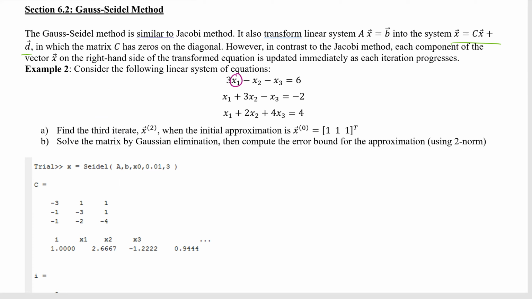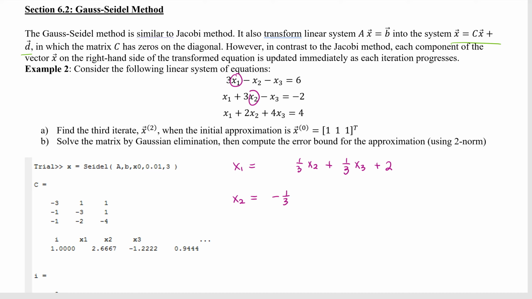Solve for x1 in equation 1. Then we have x1 equals minus 1/3 x2 minus 1/3 x3. Oh, sorry, it's plus, because we move it to the other side, it becomes plus. And then plus 6/3, which is 2. So far so good, everybody? Now we solve for x2 from equation 2. Move the x1 to the other side, divide by 3.